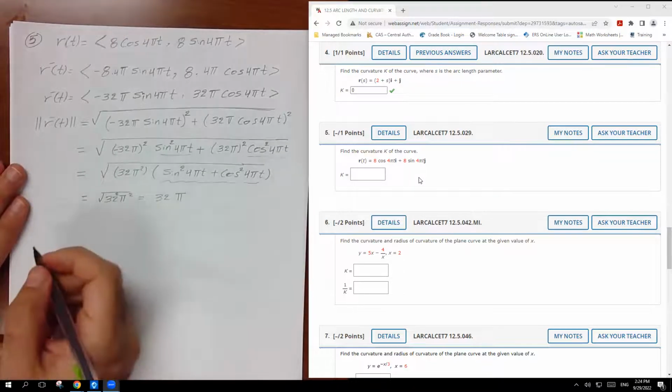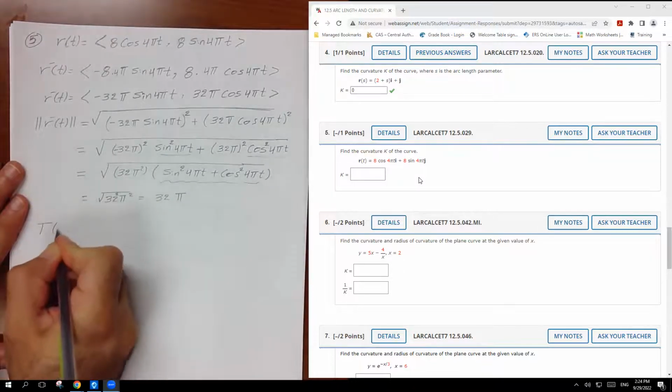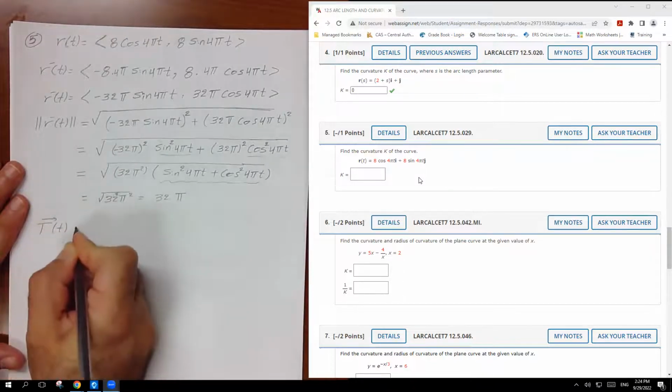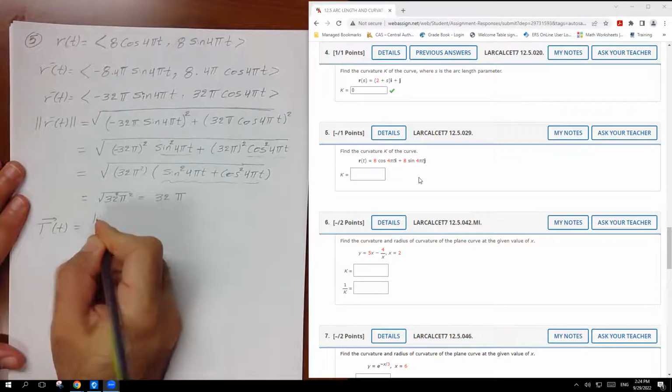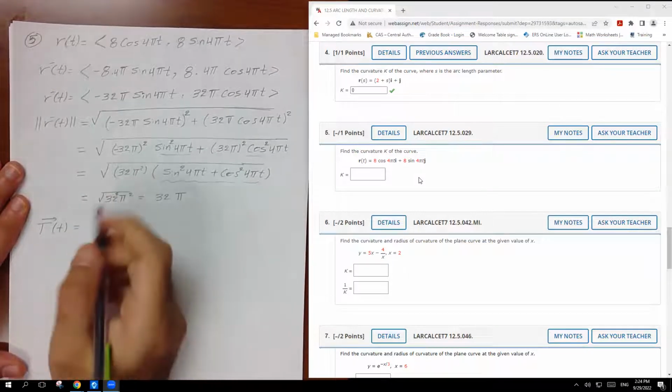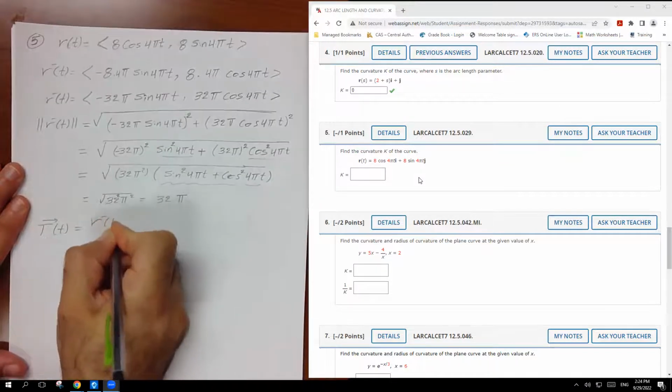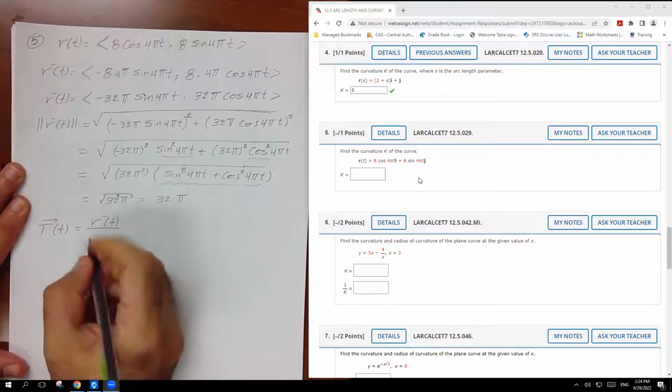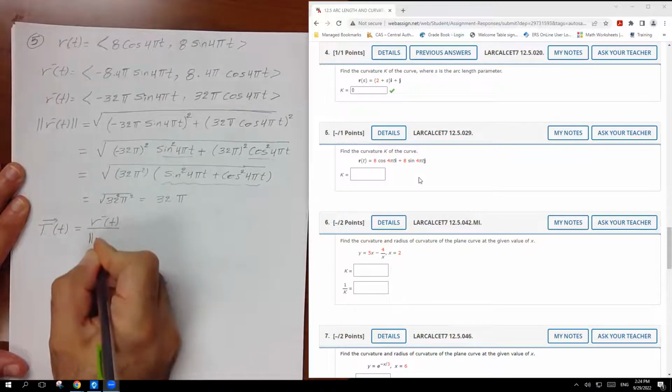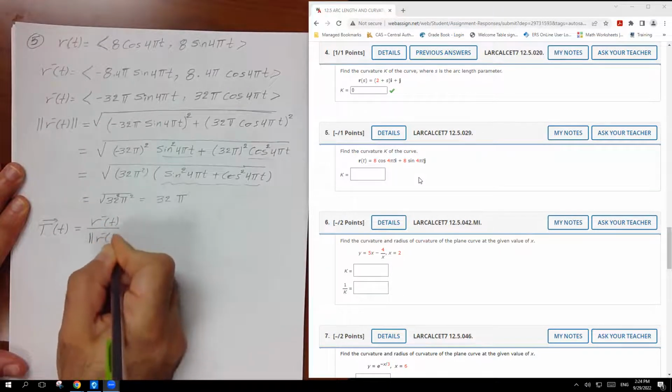Now we need to find the tangent with respect to t, which is going to be r prime of t divided by the length of r prime of t.